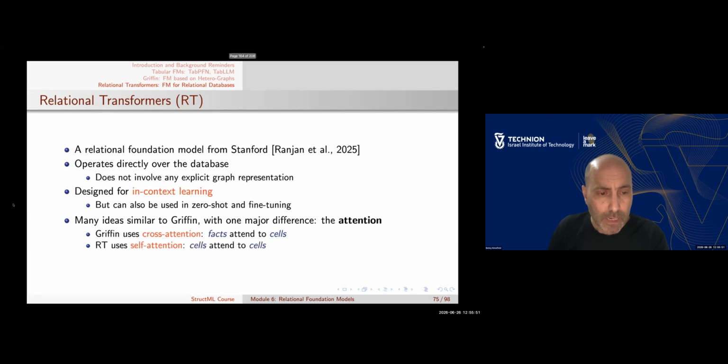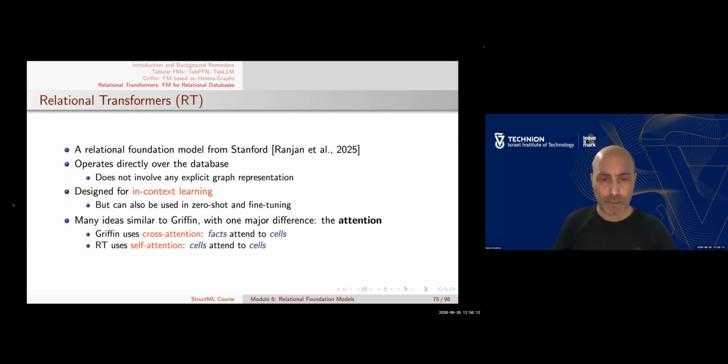RT uses self-attention. The focus is on representation of cells, not facts. Each cell attends to a set of cells, and these can be different sets of cells, and they stack layers on top of each other.